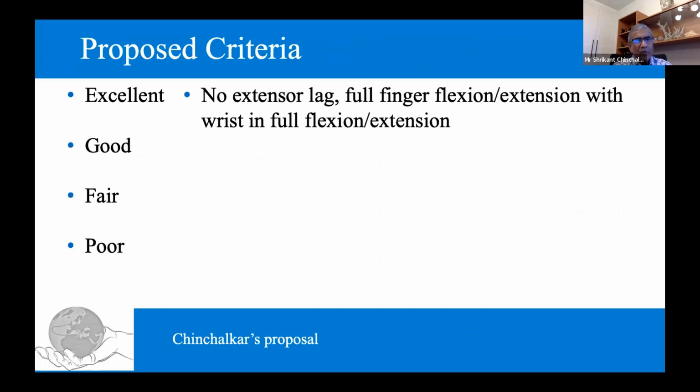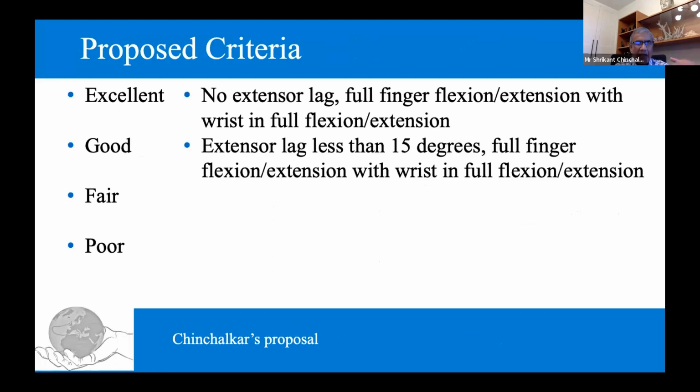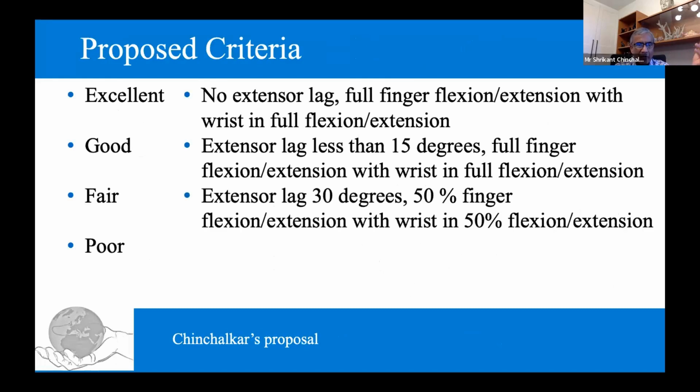So what I'm proposing is that excellent is no extensor lag, full finger flexion and extension with the wrist in full extension as well as full flexion. And good criteria, patients showing extensor lag less than 15 degrees, yet having full finger flexion and extension with the wrist in full flexion as well as extension, should fall into a good category.